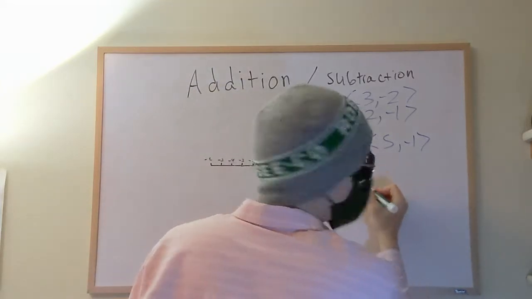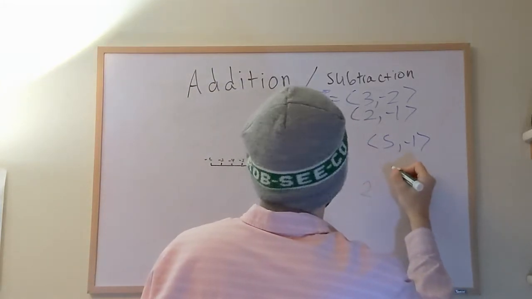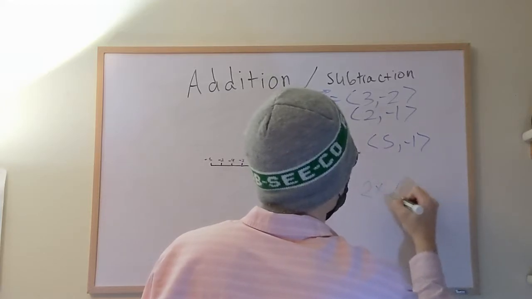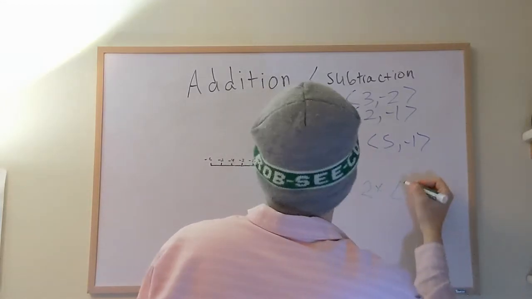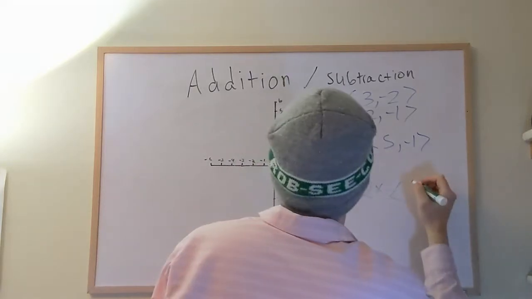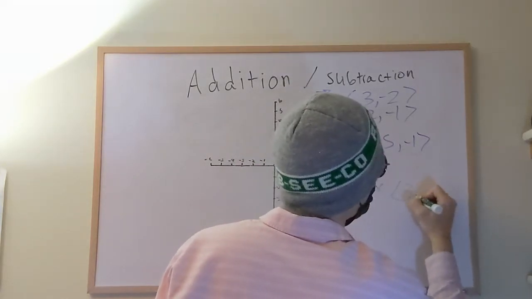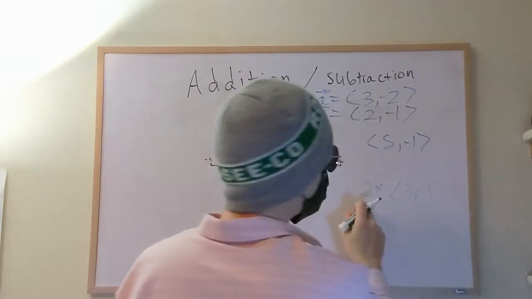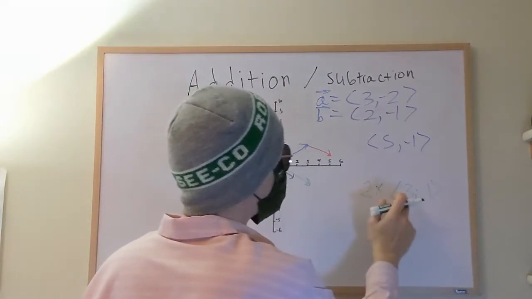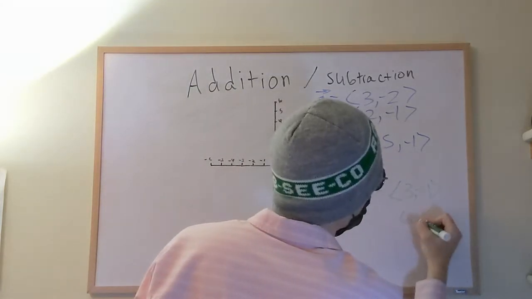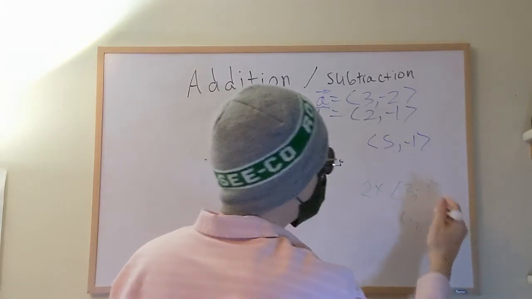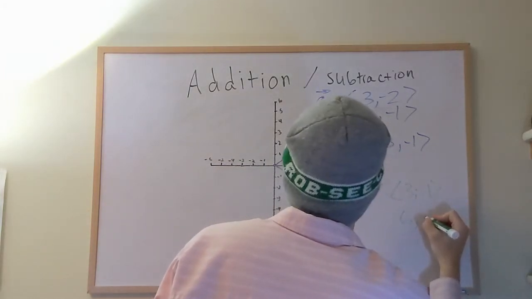And we want to take 2 times our value here, so 3, negative 1. We just simply multiply it by each. So 2 times 3, that gives us 6. 2 times negative 1, and that gives us negative 2.